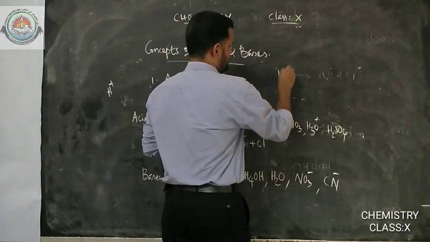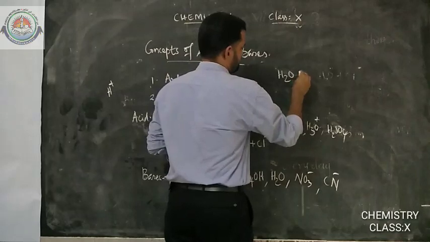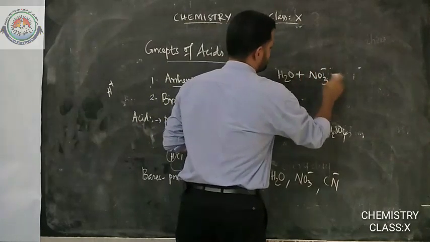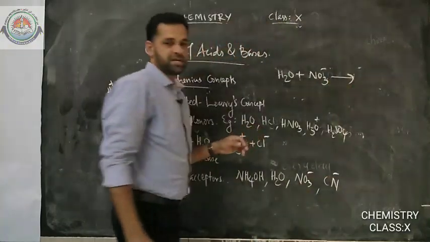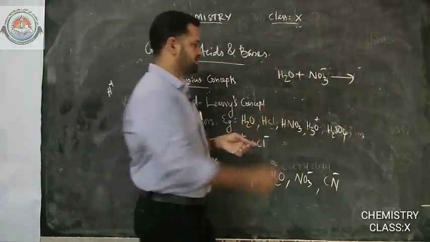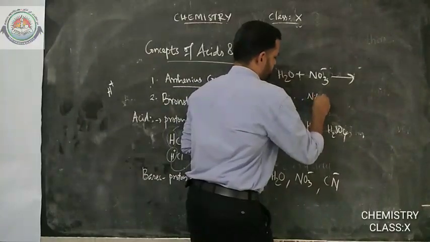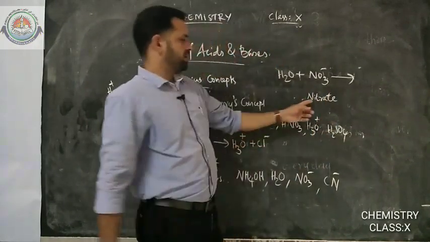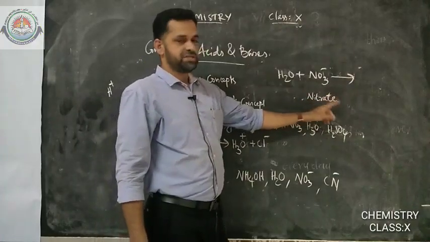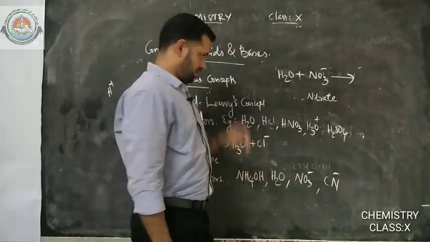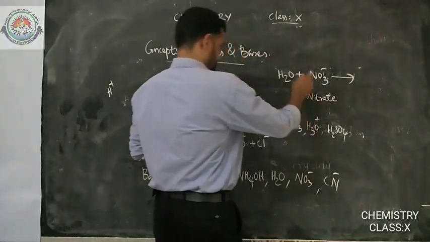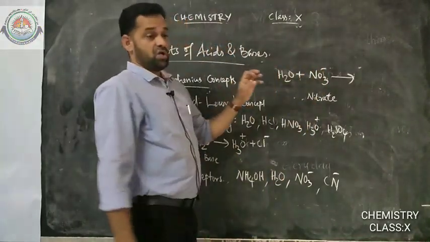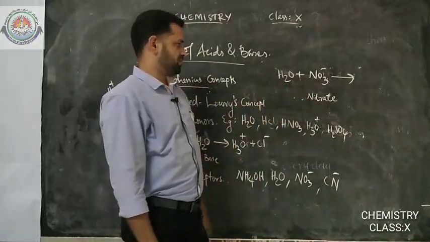See, for example, H2O plus NO3 minus. What is NO3 minus? That is nitrate ion, isn't it? Nitrate, not nitrite. N-I-T-R-A-T-E, that is nitrate. Okay. Now when nitrate ion reacts with water, which is the acid and which is the base?